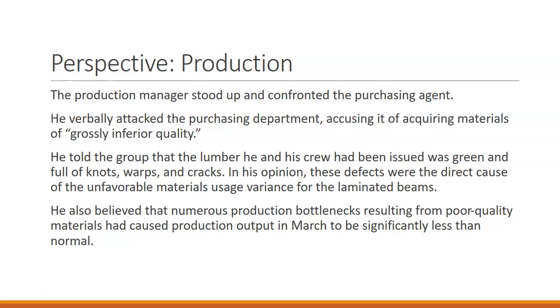Poor quality materials caused production output to be significantly less than normal. The main reason they hadn't made 700 beams was because they were taking so much extra time getting the cheap beams up to production usage. And they could have had a lot more scrap.